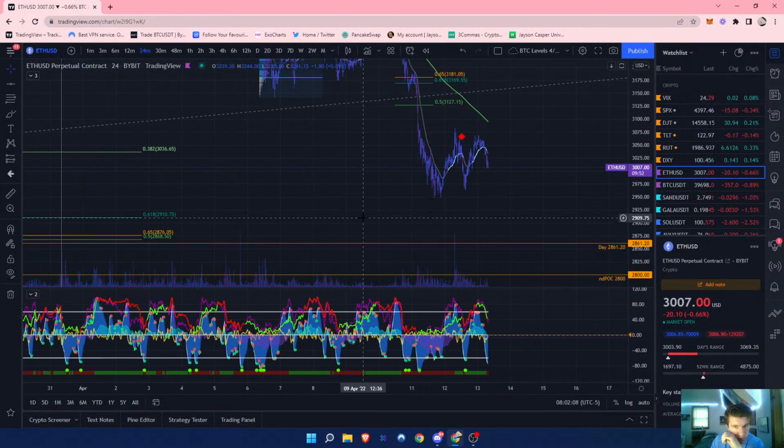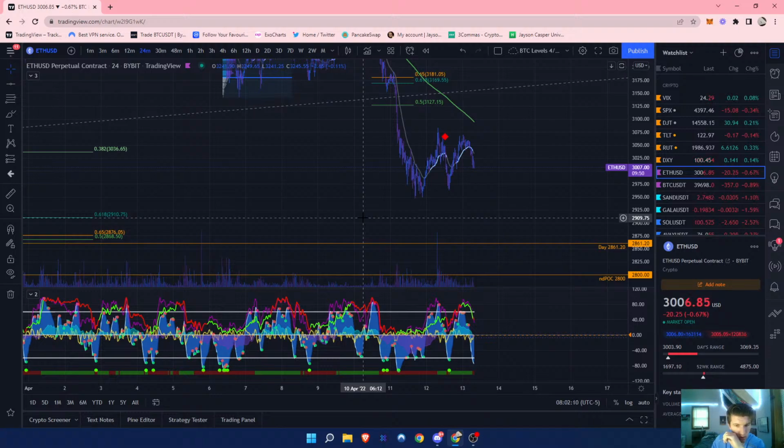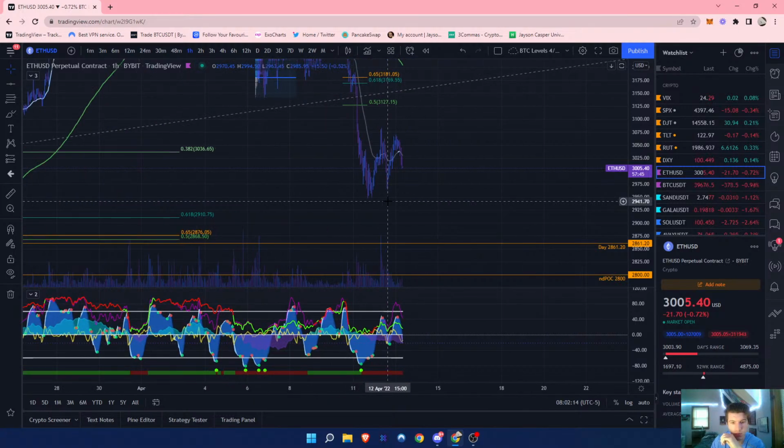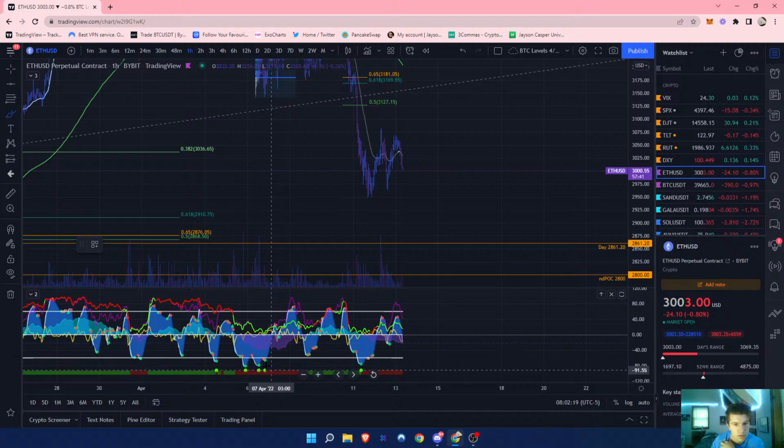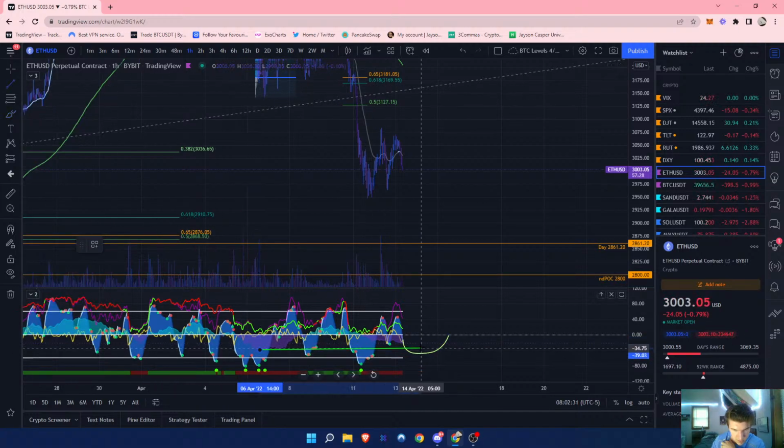Let me see here. Really either could work. 1 hour would be preferred, but again, we'll have momentum doing this. We don't want to see it go lower than this wave right here. And then we're going to want to see money flow coming up as our secondary factor.